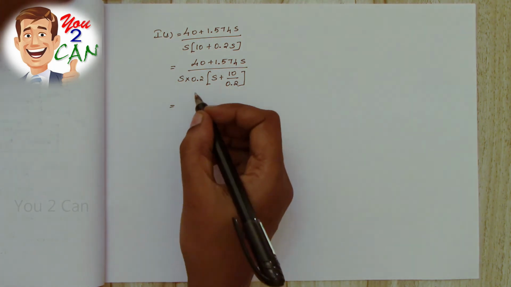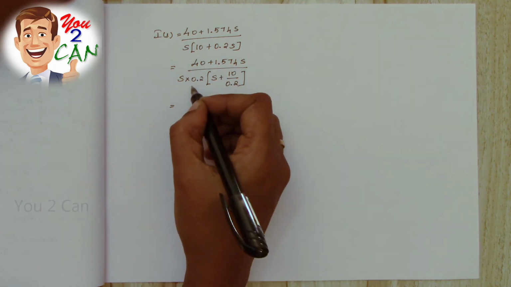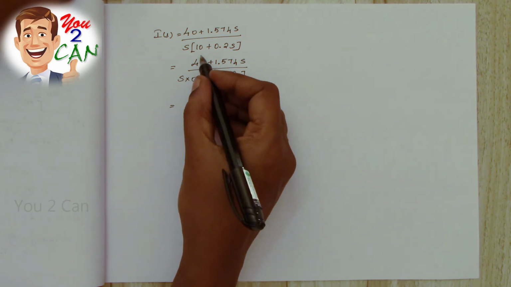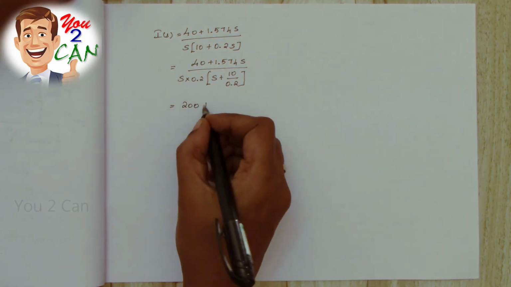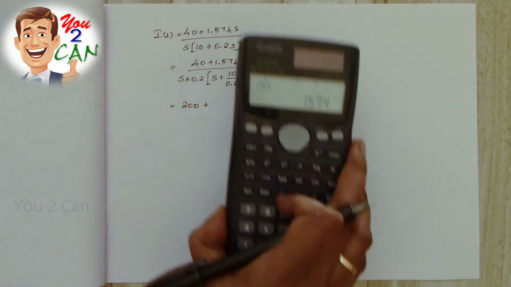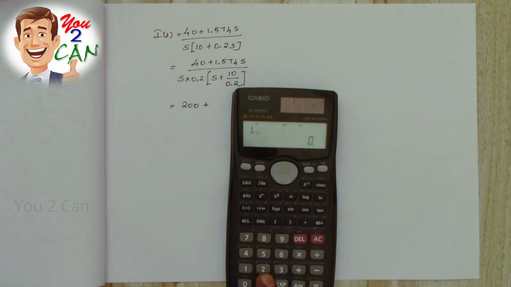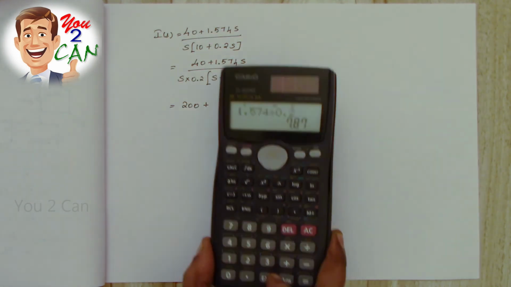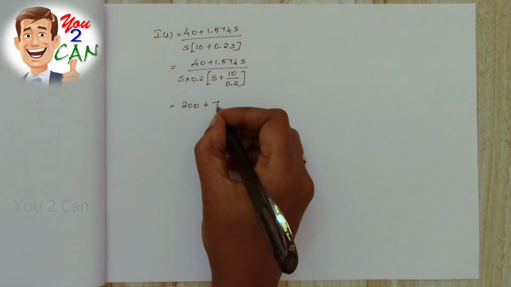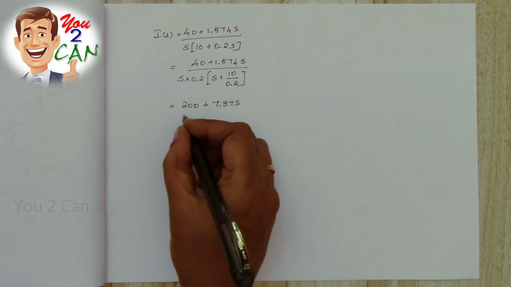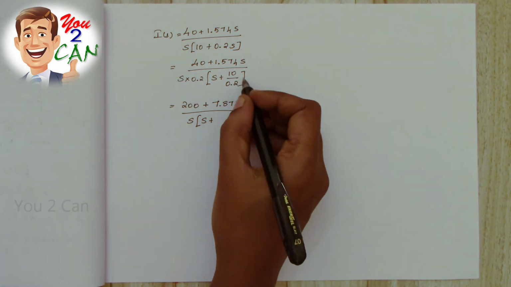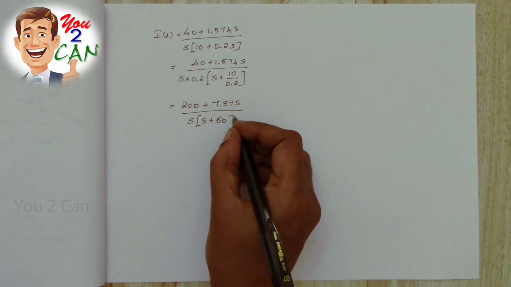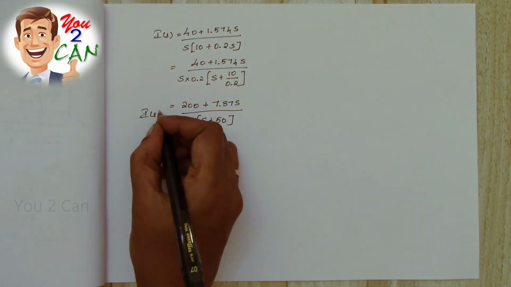Since the denominator has 0.2, 40 by 0.2 is 200, plus 1.574 divided by 0.2, that is 7.87 s, divided by s into s plus 10 by 0.2, that is 50. That is I of s.